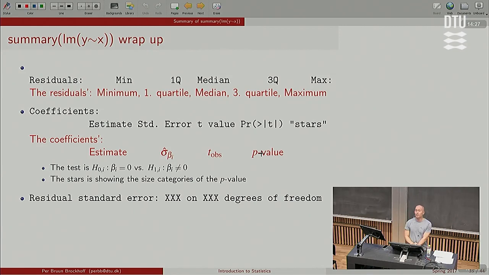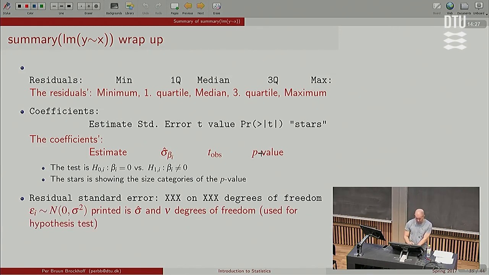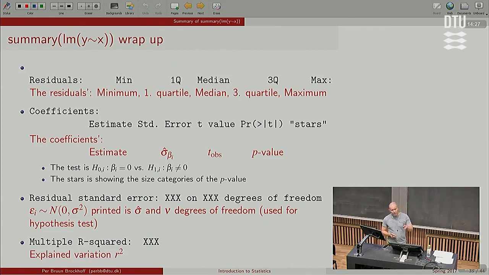We have the residual standard error, the sigma, sigma hat, and the degrees of freedom, n-2. And then we have the square of the correlation, which has an interpretation that we'll get back to in a sec as the explained variation. That is the summary of the summary.